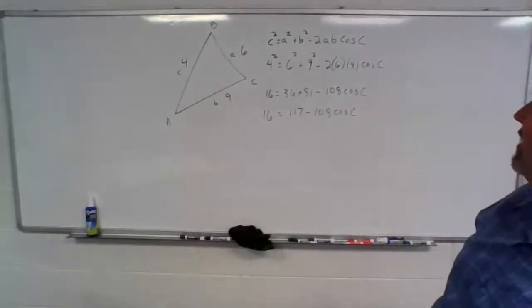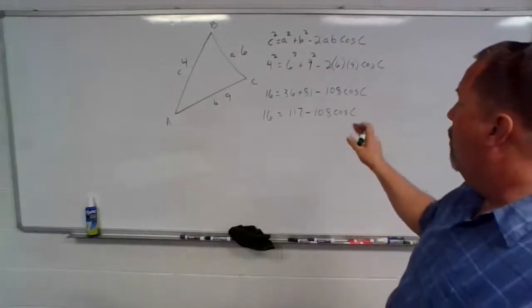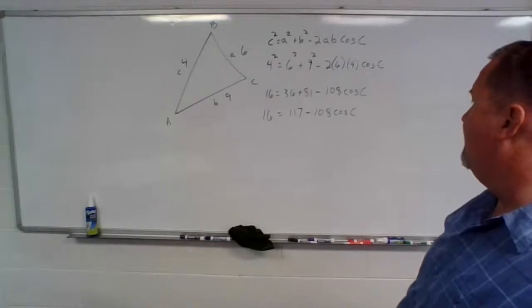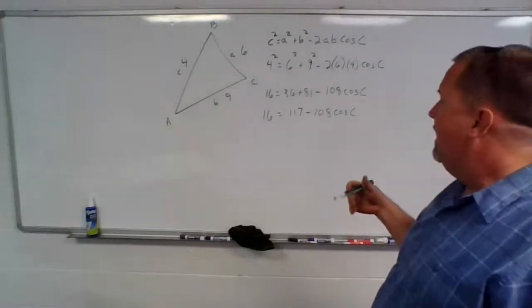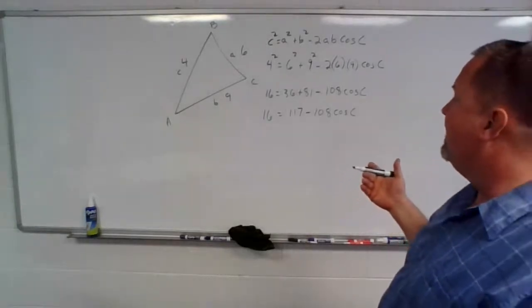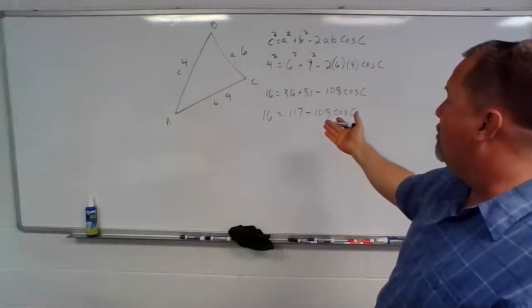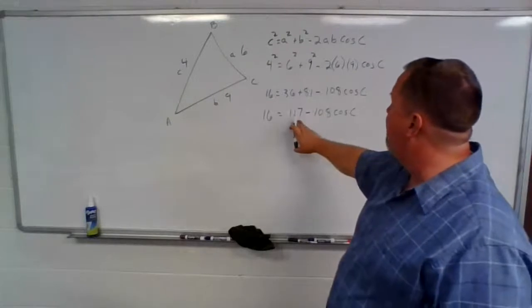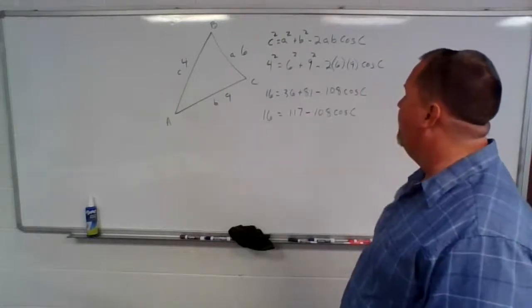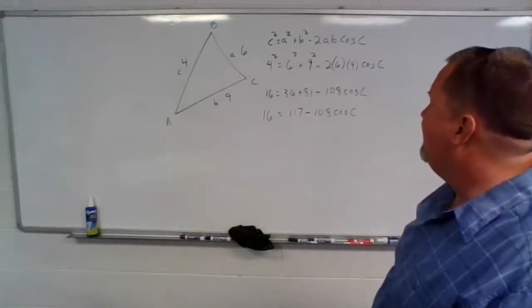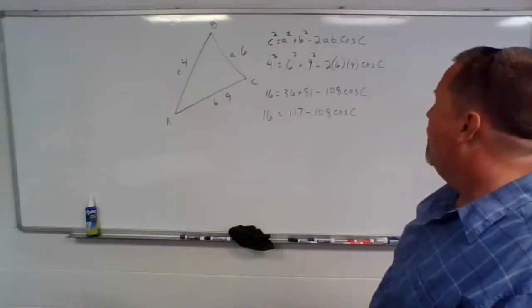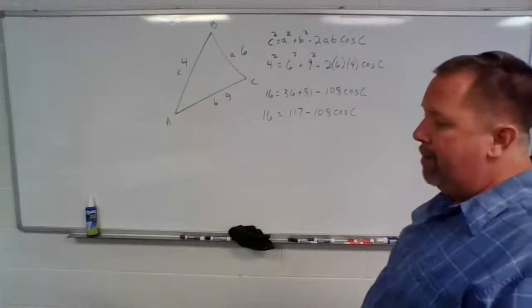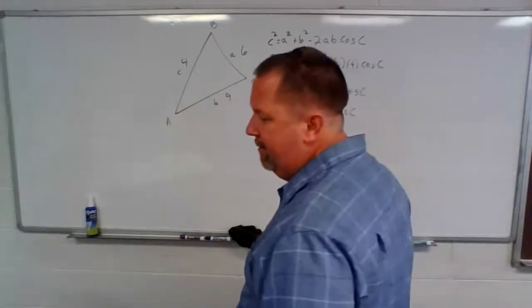All right, right now this says 16 equals 117 minus 108 cosine C. C is my unknown, and we'll get to solving for that in a second. I would subtract 117 right now to get that over to the other side. And 16 minus 117 is a negative number. Is that negative 99?